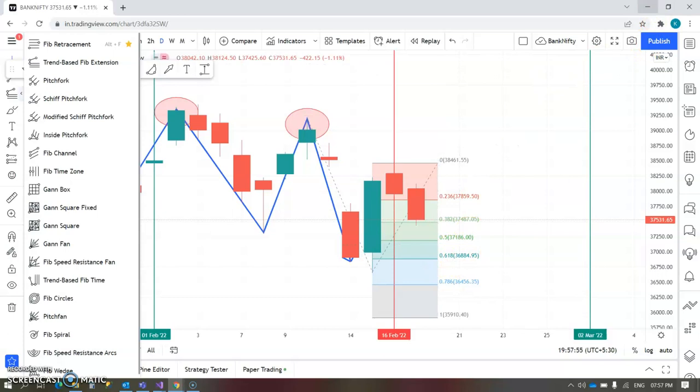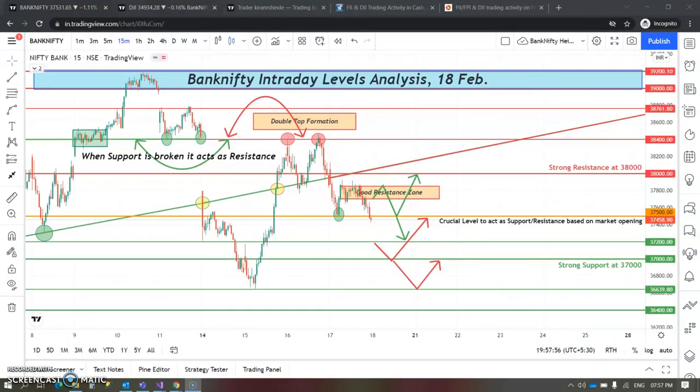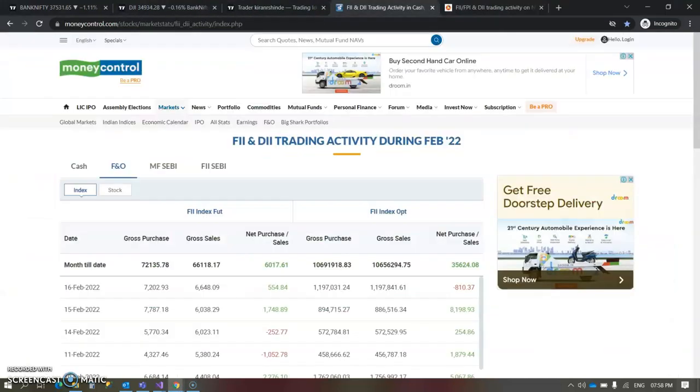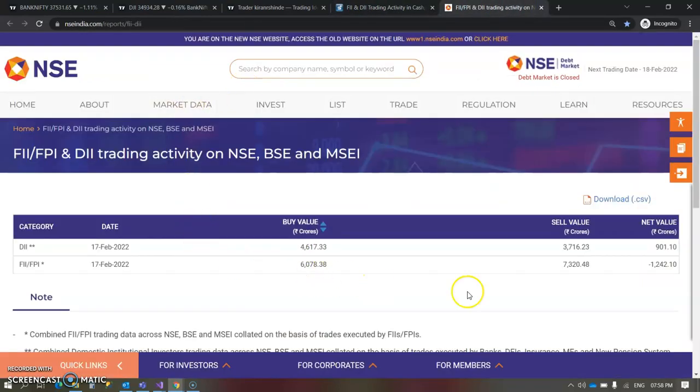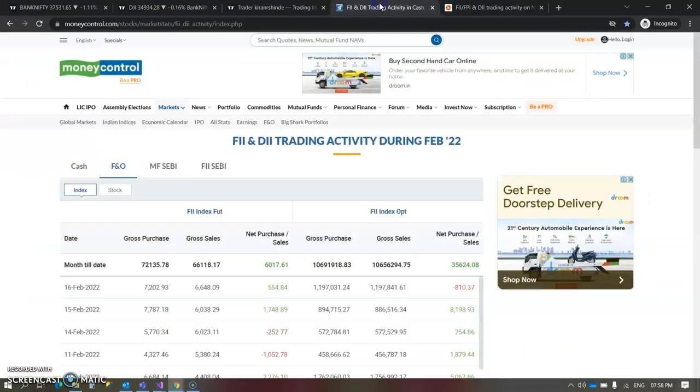Okay, so let us now move to Banknifty for the intraday levels. Before that, let us see what we have from the DII and FII point of view. On our NSE chart, there is still a total of selling, a good amount of selling, and in the FNO sector we can see a small amount of buying compared to yesterday.